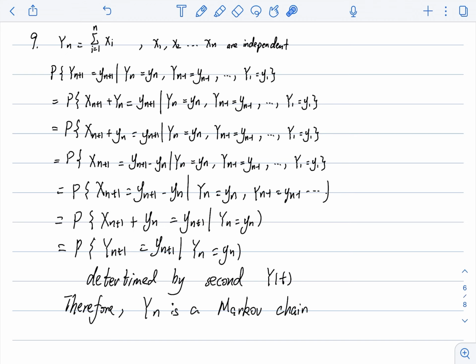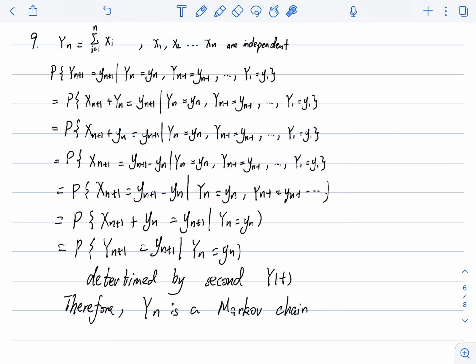Hence, we move the yn from the left part to the right part of the equation. Therefore, we get the probability of X(n+1) is equal to the value y(n+1) minus yn under the condition that Yn is equal to yn, Y(n-1) is equal to y(n-1), till Y1 is equal to y1.